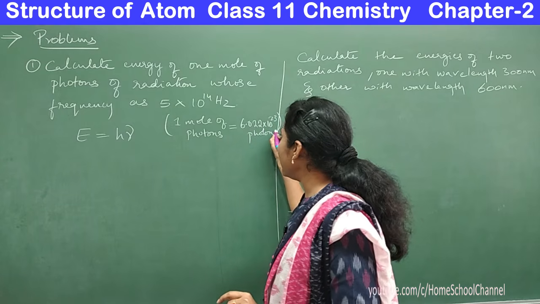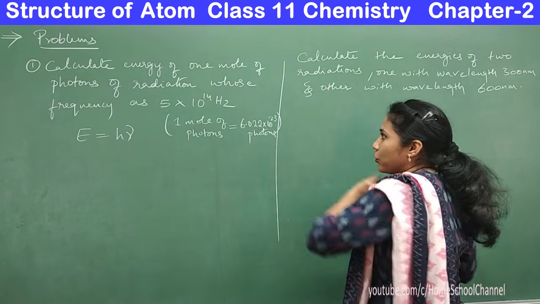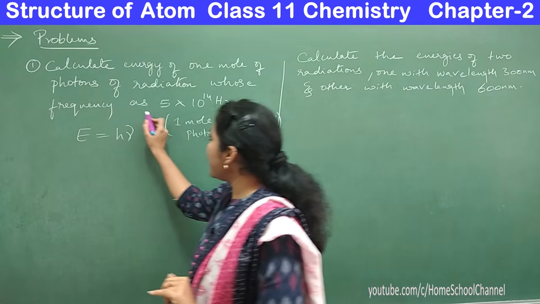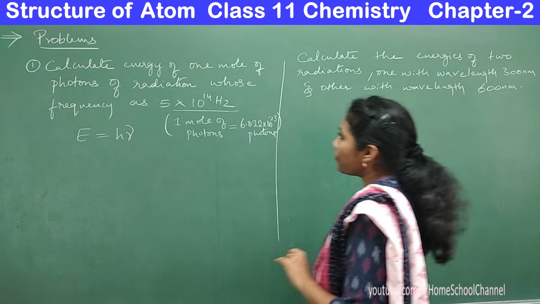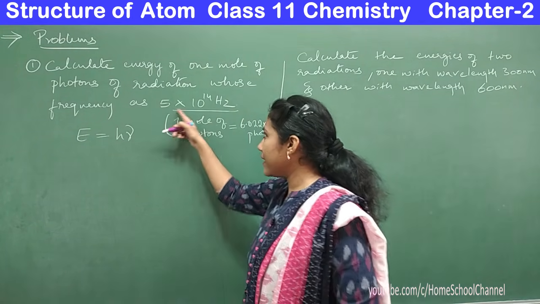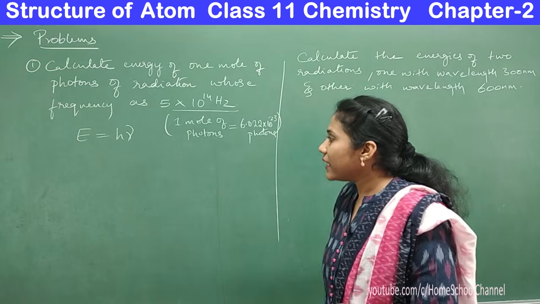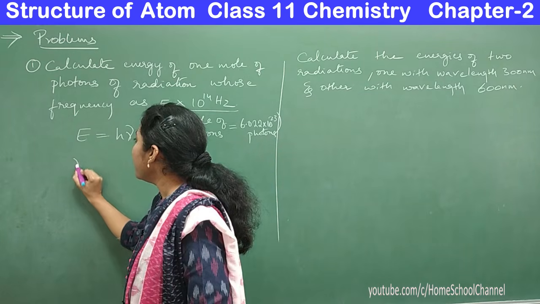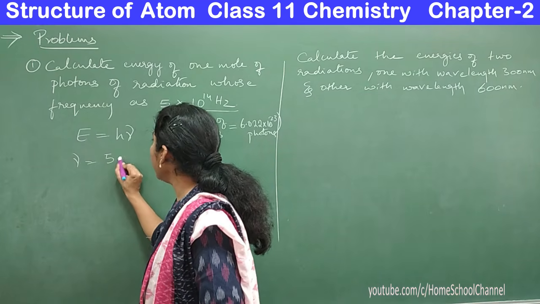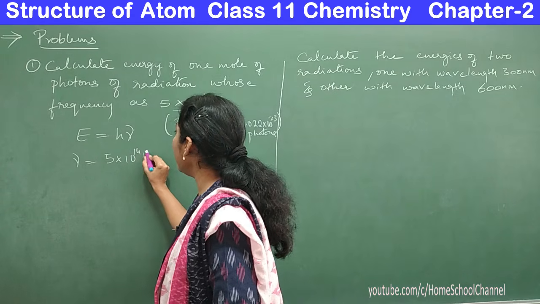So you have to calculate the energy of these many photons whose frequency is given. The frequency of radiation is given, that is, nu is 5 into 10 power 14 hertz.